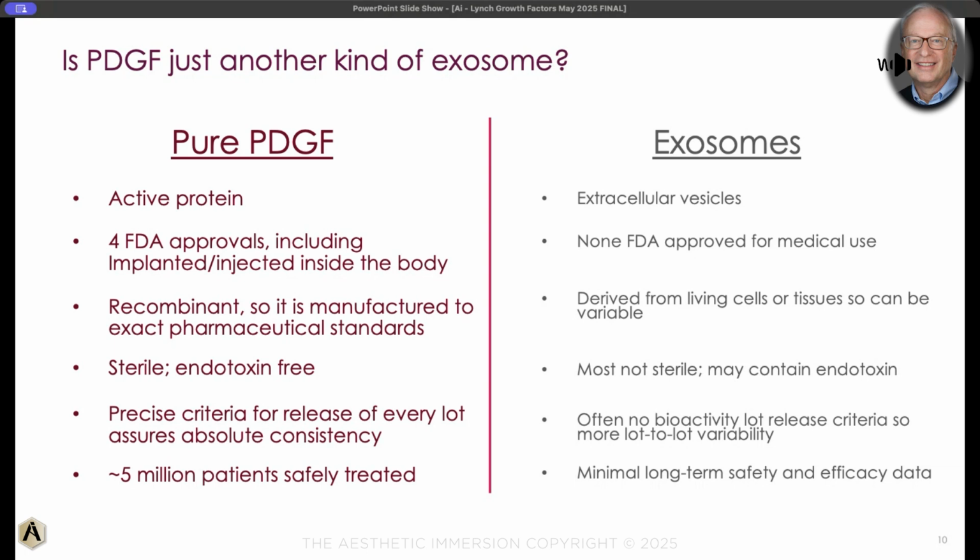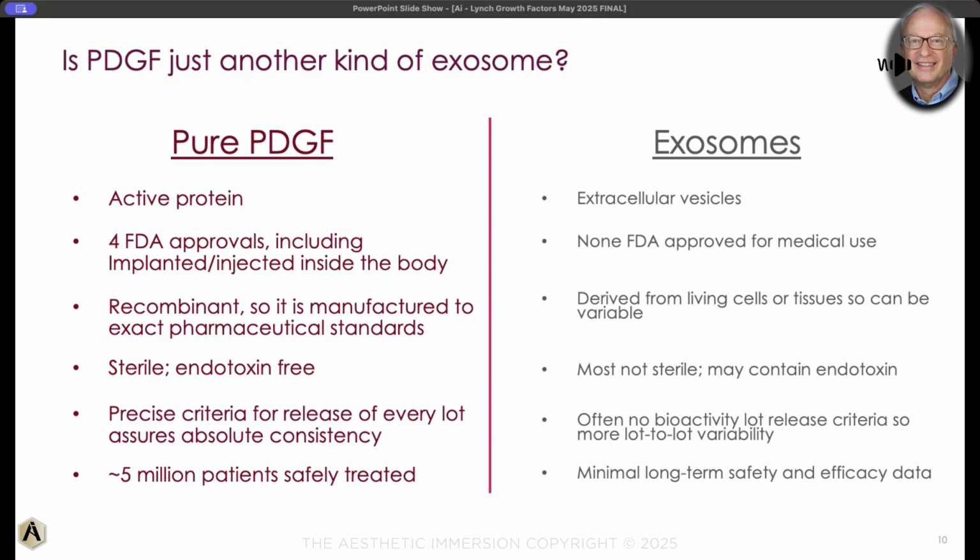PDGF, on the other hand, again, is the active protein, as I've said already. It is FDA approved. The same PDGF that's in Ariessence is the same PDGF that's in the 4 FDA approved products. 3 of the 4 of those products have exactly the same formulation.